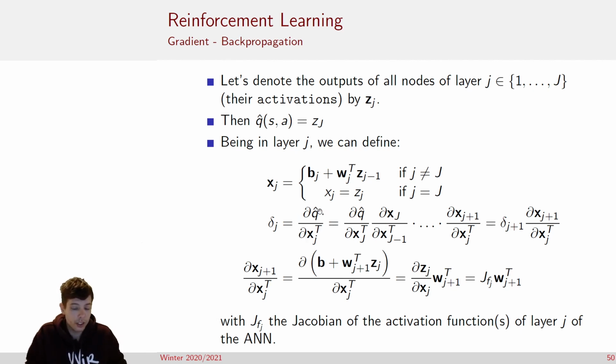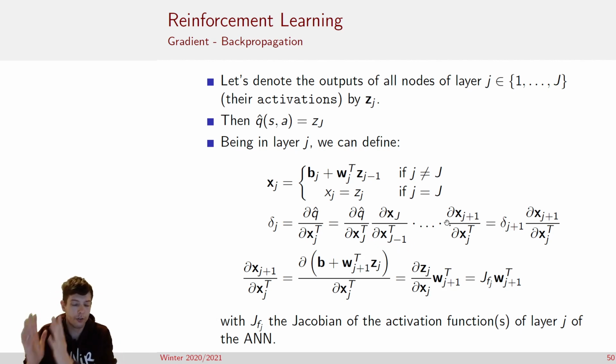So the derivative of the action value function with respect to the x of any of the layers, of layer j, is then the derivative of the action value function with respect to x at the capital Jth layer, times the derivative of x at the capital Jth layer with respect to the x at the previous layer, and so on and so on.